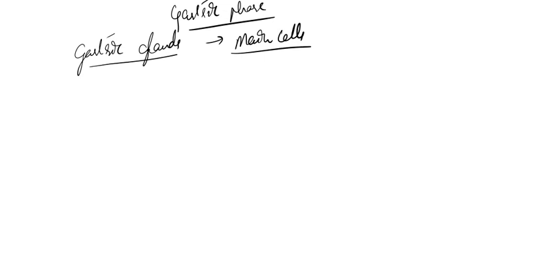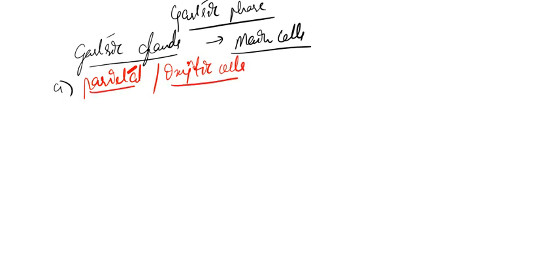So what are the main cells present in the gastric glands of the stomach? We will start with the first one, A, that is oxyntic cells or parietal cells. Guys, from this point you just concentrate. Listen to each and every statement.